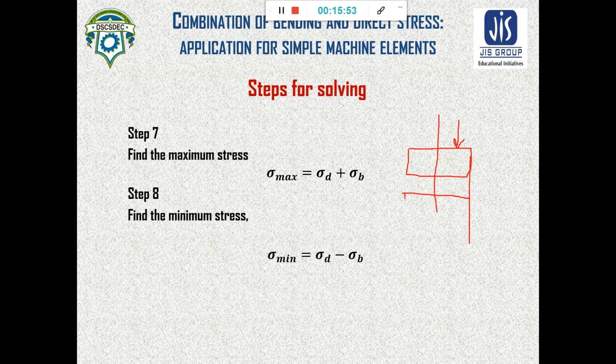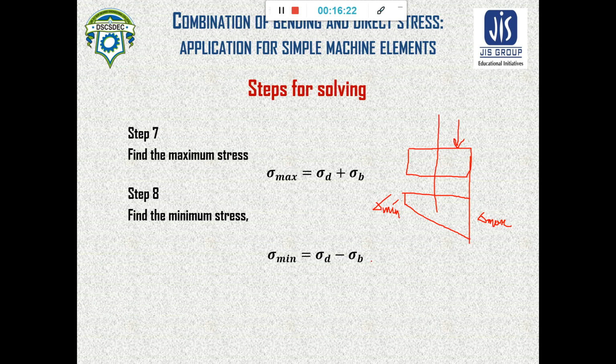The stress distribution diagram will be like this. Here it will be sigma max, and here it will be sigma min. Got it? By this we can very easily draw the stress distribution diagram.